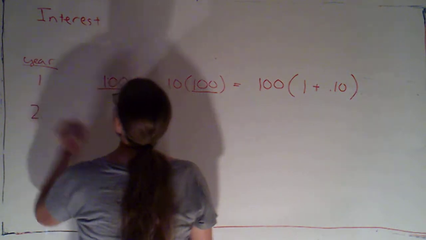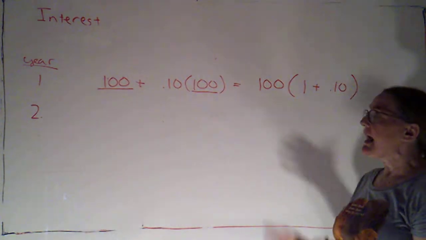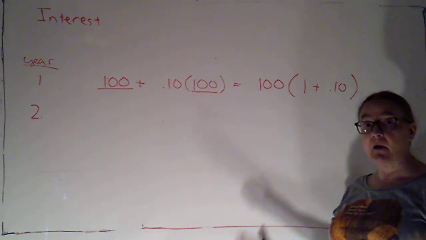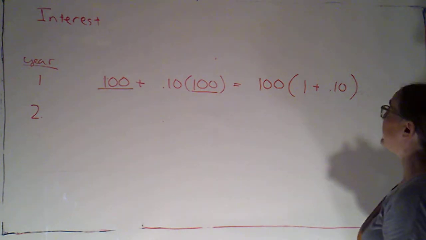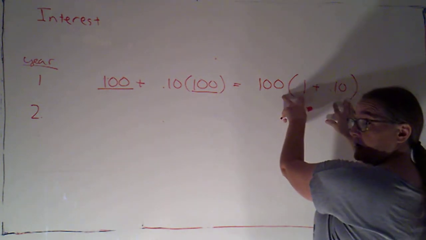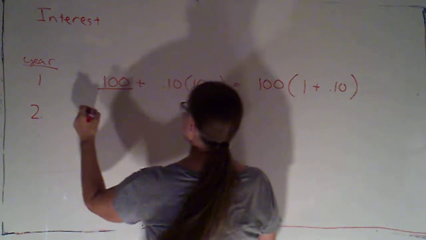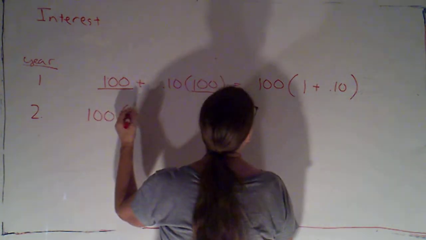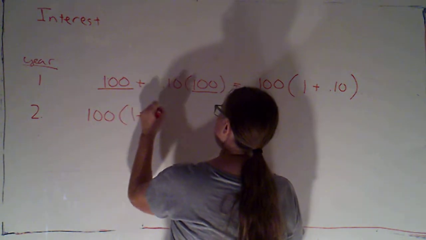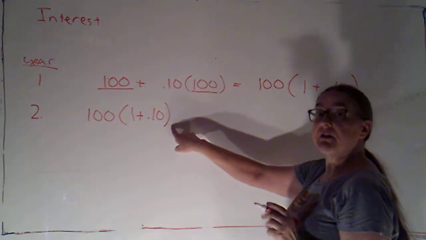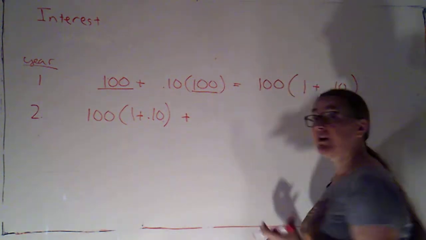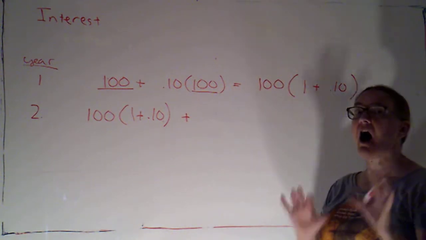Okay, at year 2, I'm calculating now, the amount that the investment is worth at the end of that year. It would be what I started with, which is this. This is the value at the beginning of that year. So 100 times 1 plus 0.10, okay, plus I would have earned 10% of that.